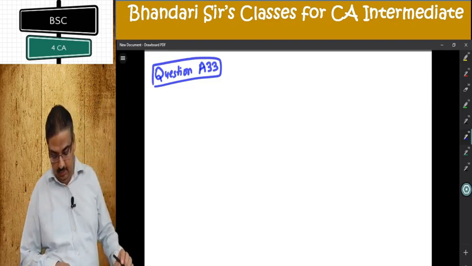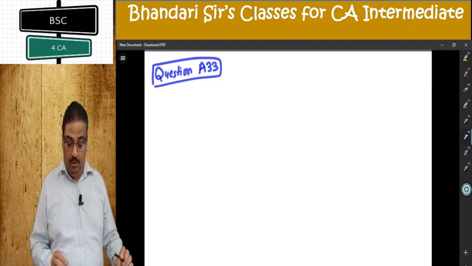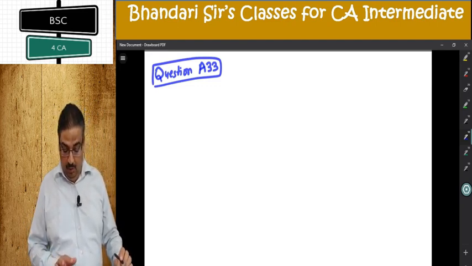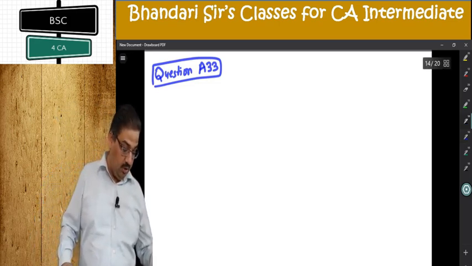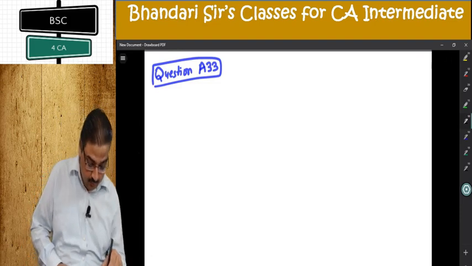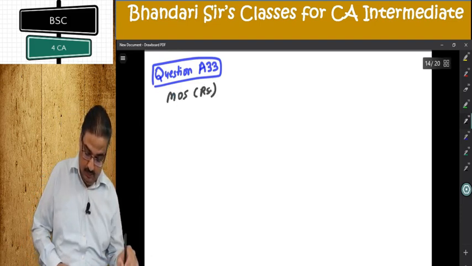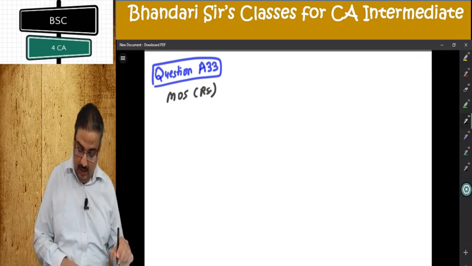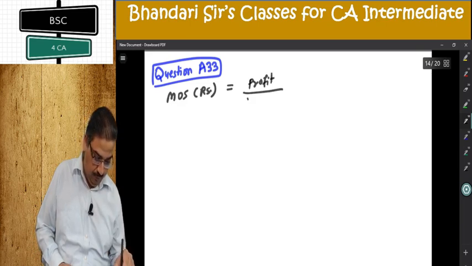Question A33. X Limited has earned a contribution of 2 lakh, profit of 1,50,000 on sale of 8 lakh. What is the margin of safety? Now, margin of safety in rupees, it can be computed as profit divided by PV ratio.